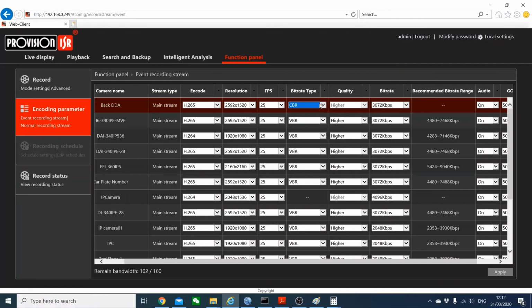But if you use the VBR, then whenever there aren't many changes on the scene, the bitrate will be lowered than 3072. It will go down to 1000, or as much as needed.